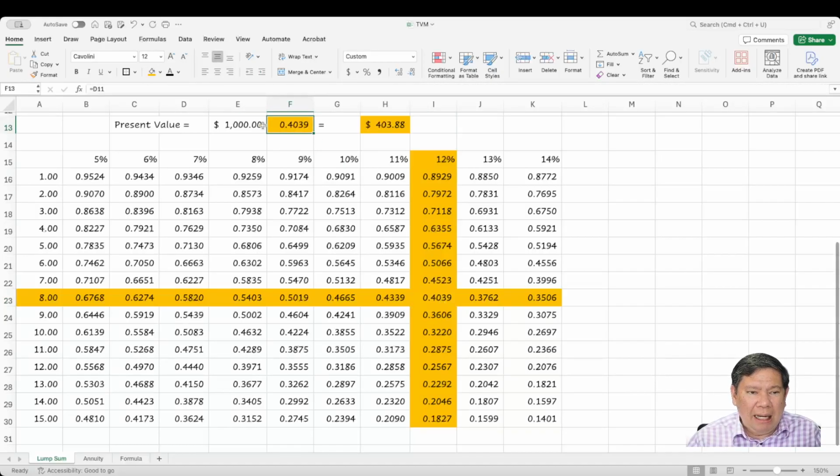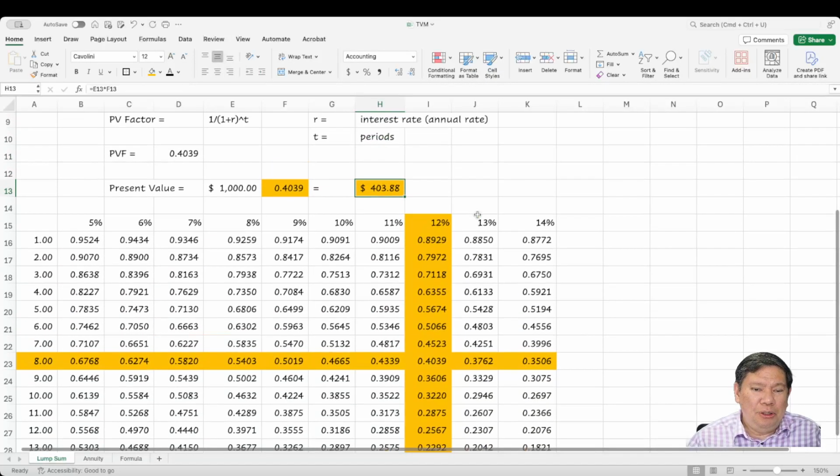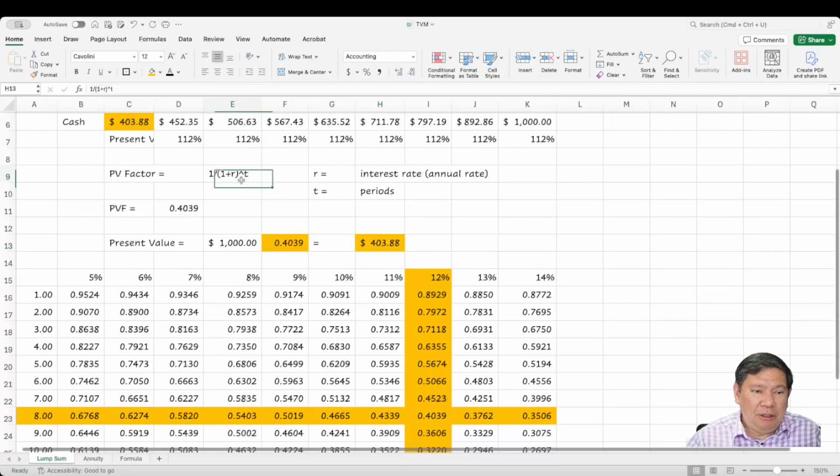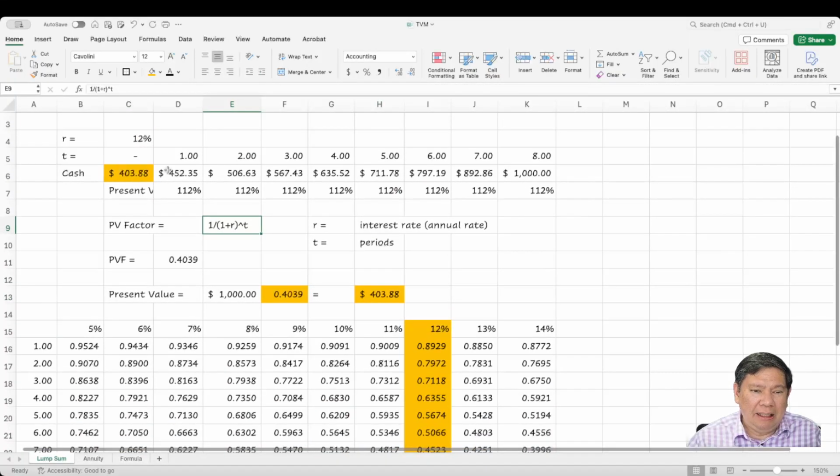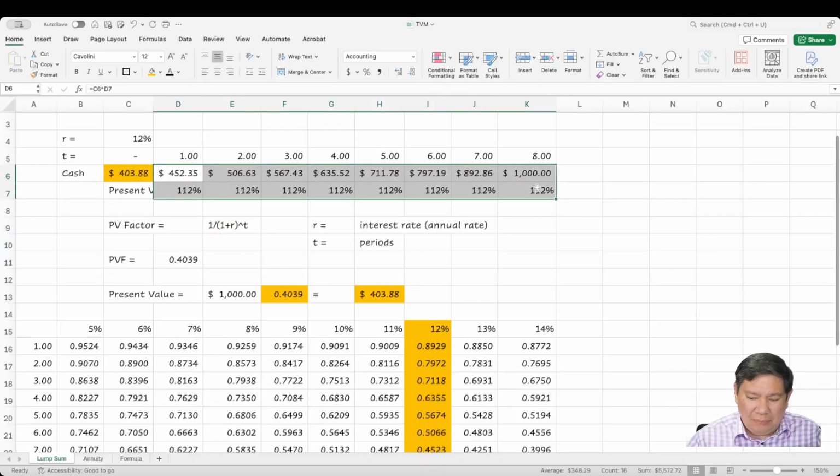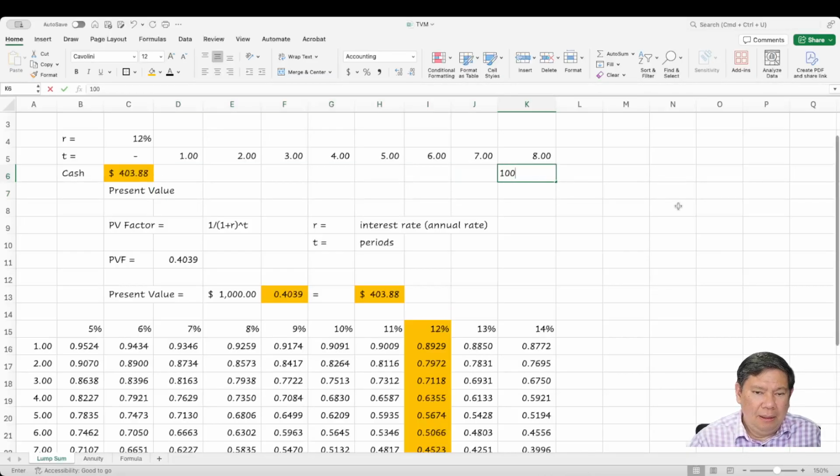You multiply that with the $1,000 future value, and it will give you the present value. So that's how you use the table. You can use the formula, you can use the spreadsheet, you can use the table.